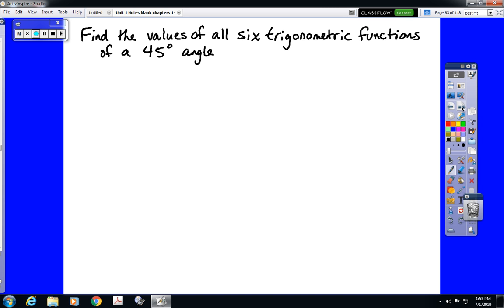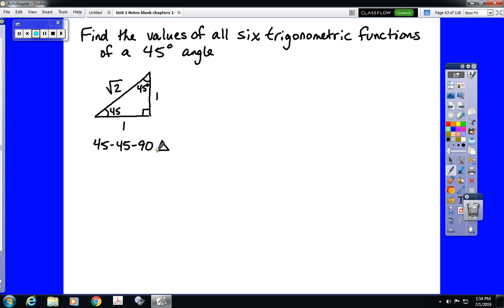So, our 45, 45, 90 triangle has legs of 1, hypotenuse of the square root of 2. So all I've done is I've copied the 45, 45, 90 triangle from the other page. Okay?